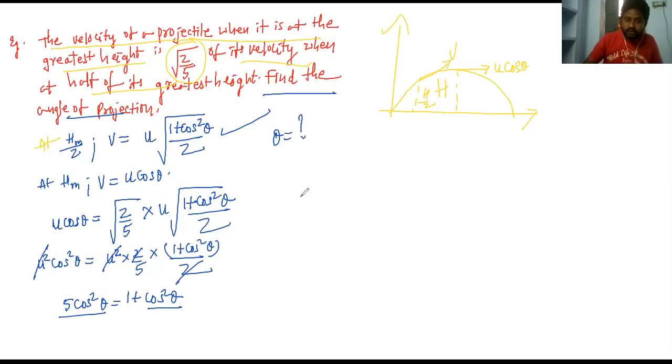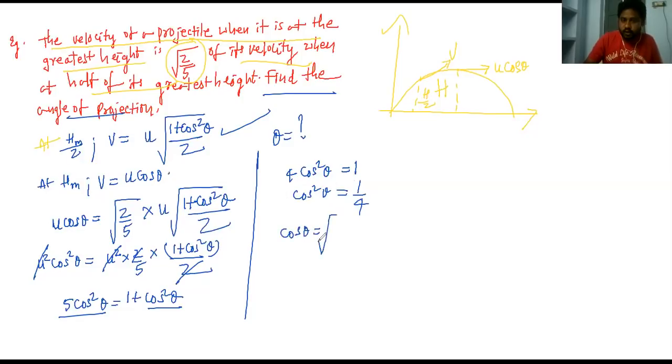So 5 minus 1 cos square theta will be 4 cos square theta, which is equal to 1. So then cos square theta will be equal to 1 by 4. If you apply square root on both the sides, cos theta value will be root of 1 by 4, that is exactly equal to 1 by 2. And theta value is how much? When cos theta is 1 by 2, definitely theta must be 60 degrees. So that is the answer.